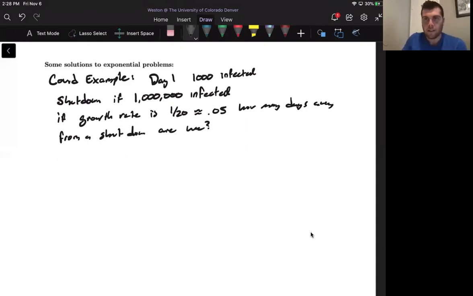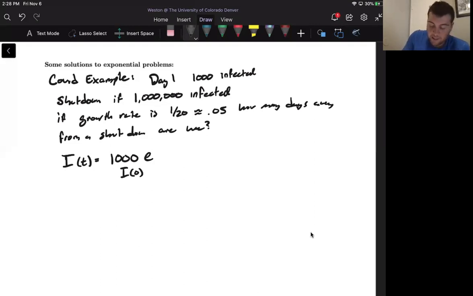Well, we're first going to start with our COVID model. So we'll say the infected on day T is, we start with the number that we already have. So that's our initial amount. And we're going to assume we have an exponential model in this case.